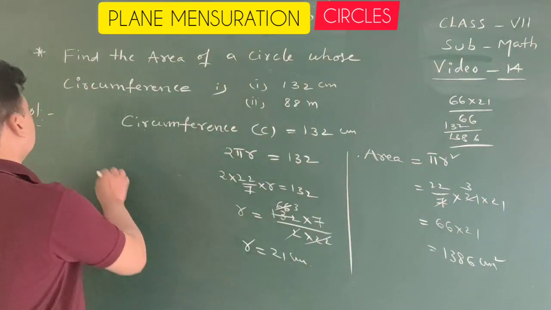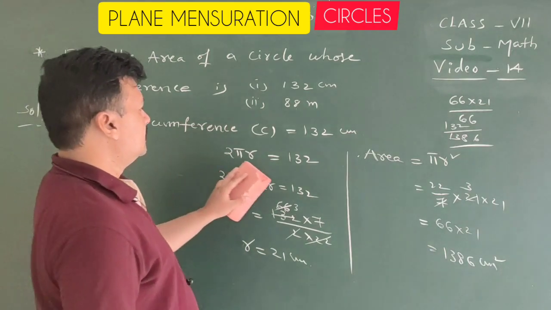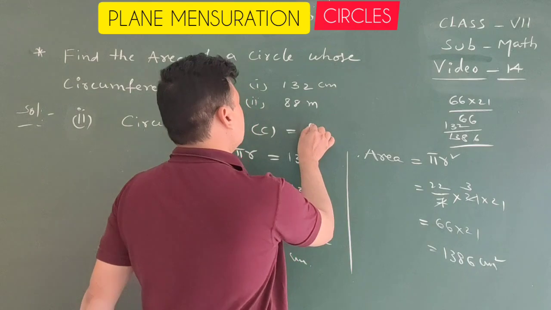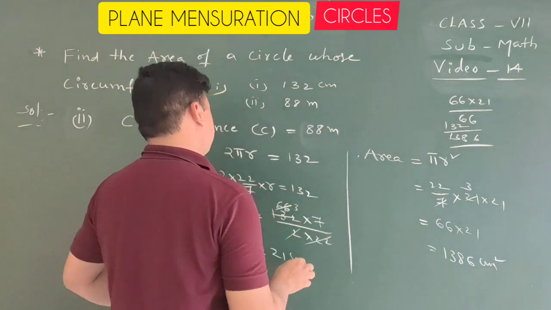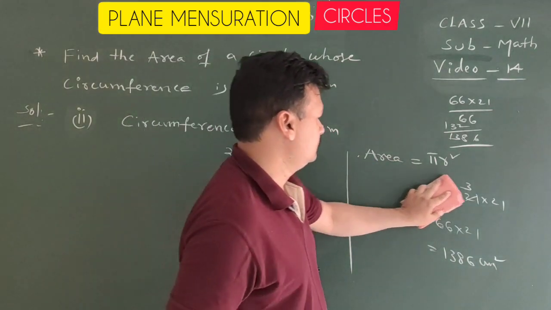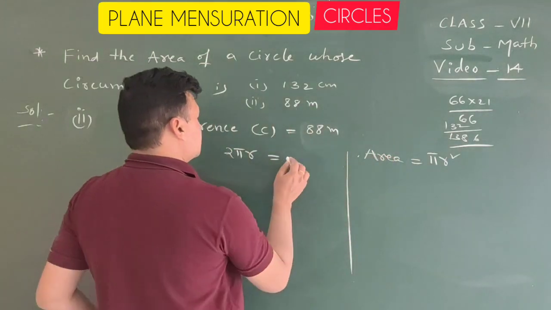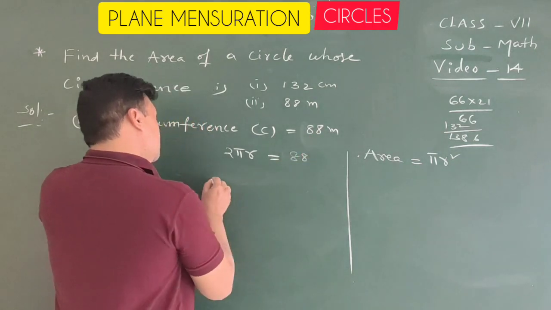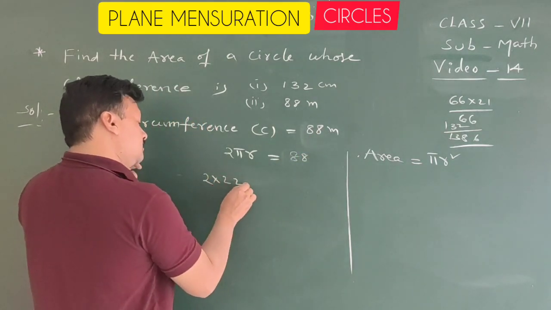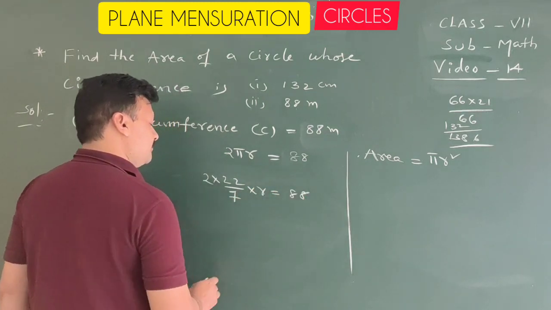Second one. Circumference of a circle is 88 meters. So here 2 into 22 by 7 into r equal to 88.